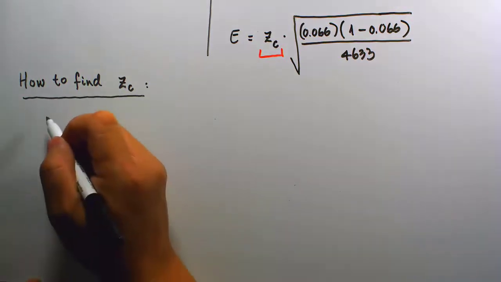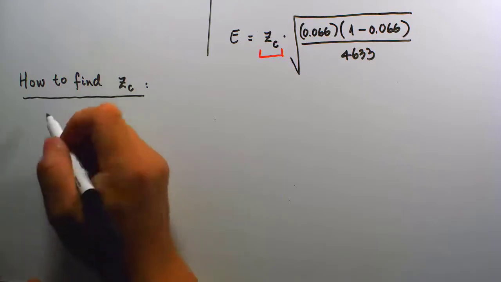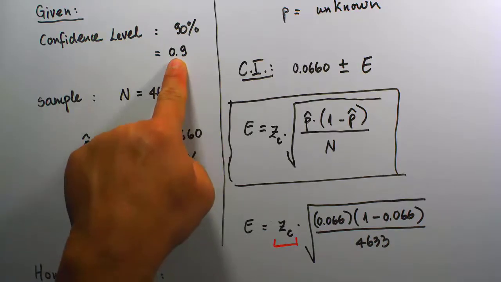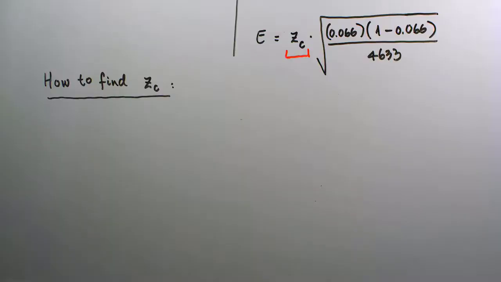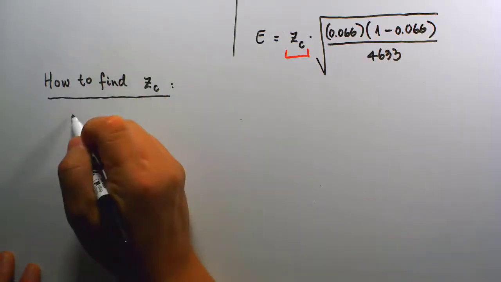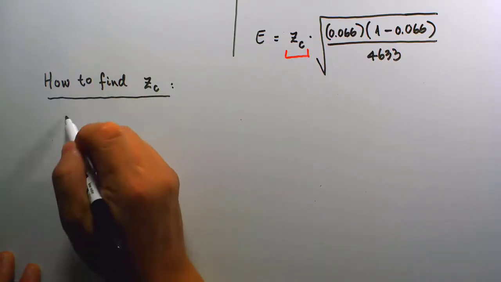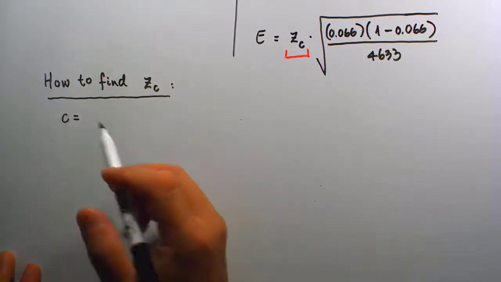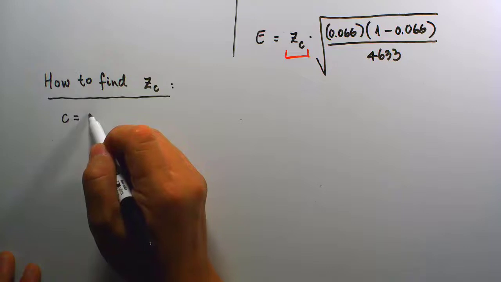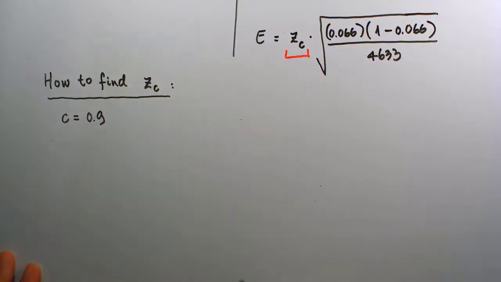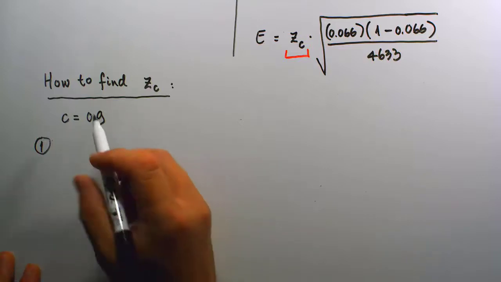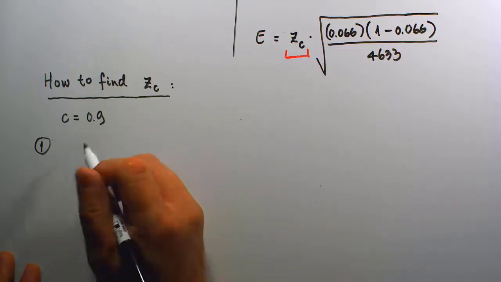First, our confidence level being 0.9. Now officially I am going to give a symbol, lowercase letter c, to indicate that our confidence level, given previously as 0.9. The first step here is, from where our confidence level is, I am going to perform the following math.